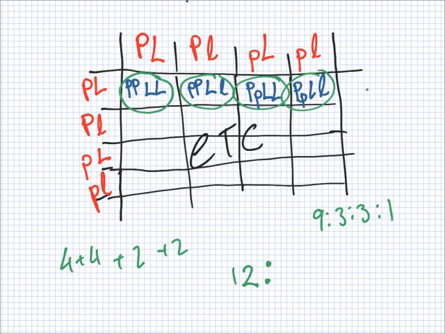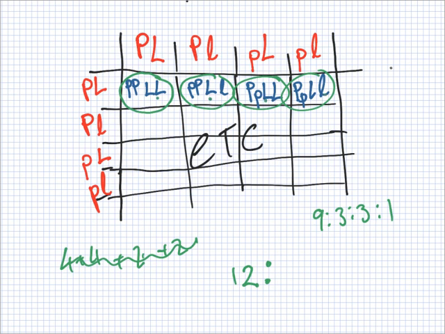Count them up for me. 4, 8, 8. Oh, hang on. That's not quite right. 1, 2, 3, 4.